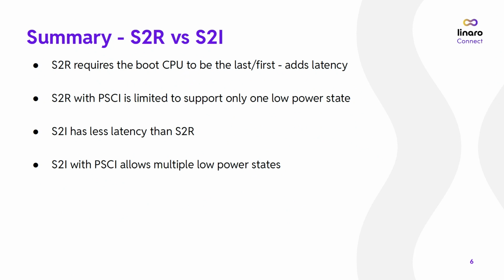So it means that any CPU can be the last one that goes into suspend. So it's simply quicker. There's no latency involved in regards to that. When it comes to S2I and PCI, there is also the possibility of supporting multiple states, as I just spoke about before.